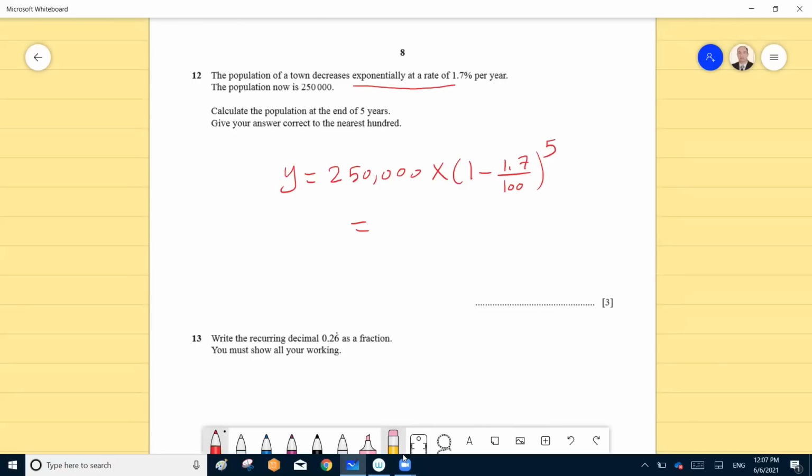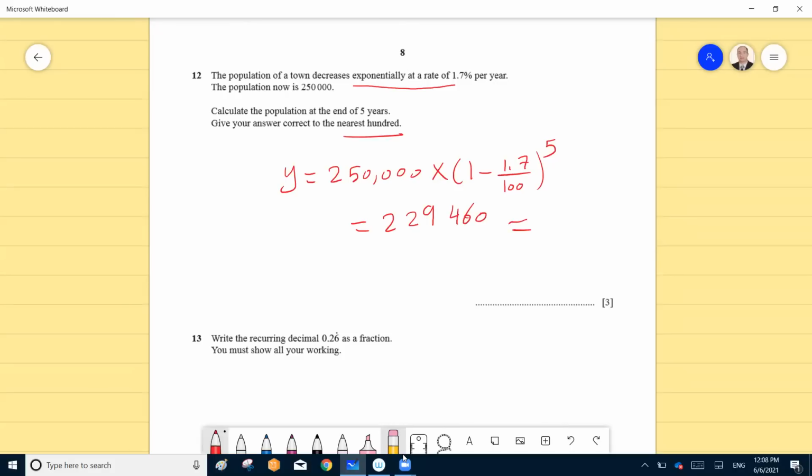And the answer will be, okay, I can use a calculator now to solve this question. 1 minus 0.017, equals this amount, raised to a power of 5, times 250,000, equals 229,460.